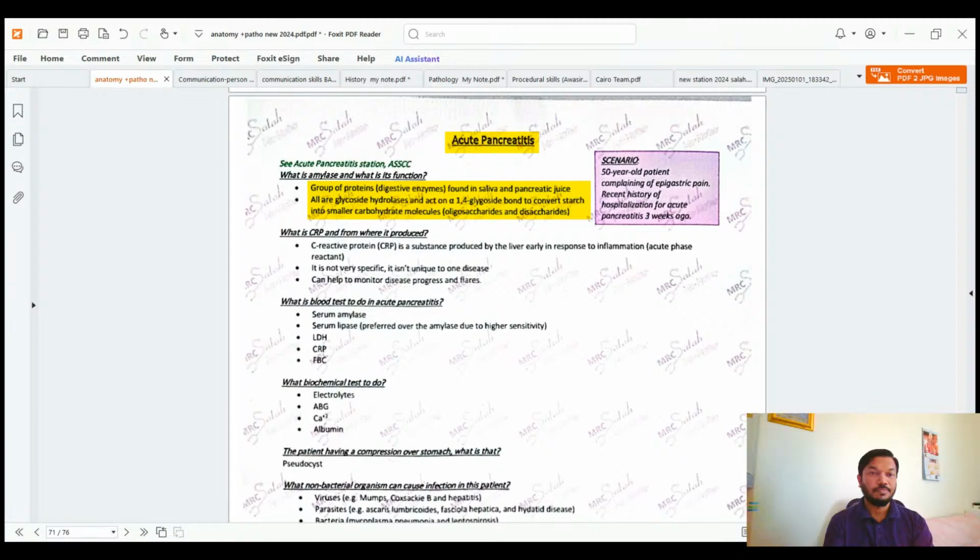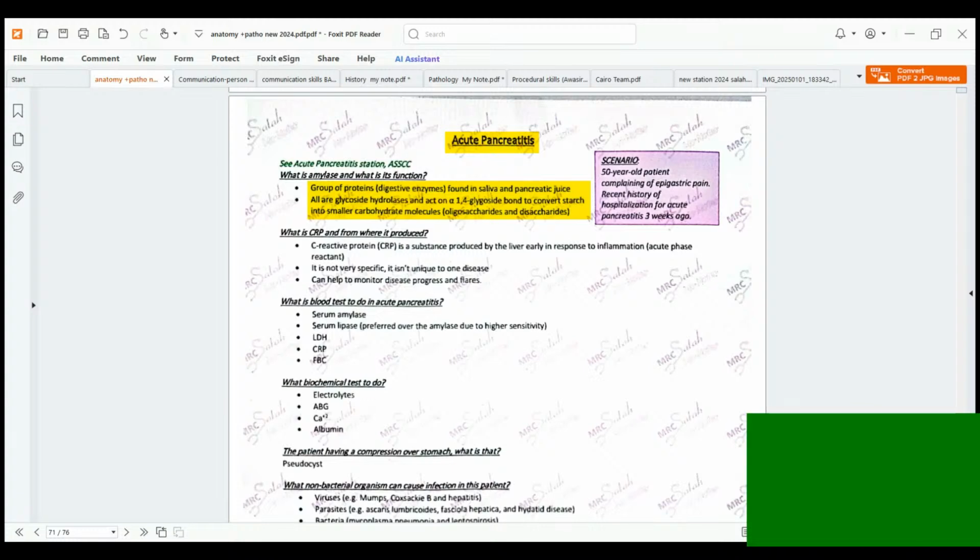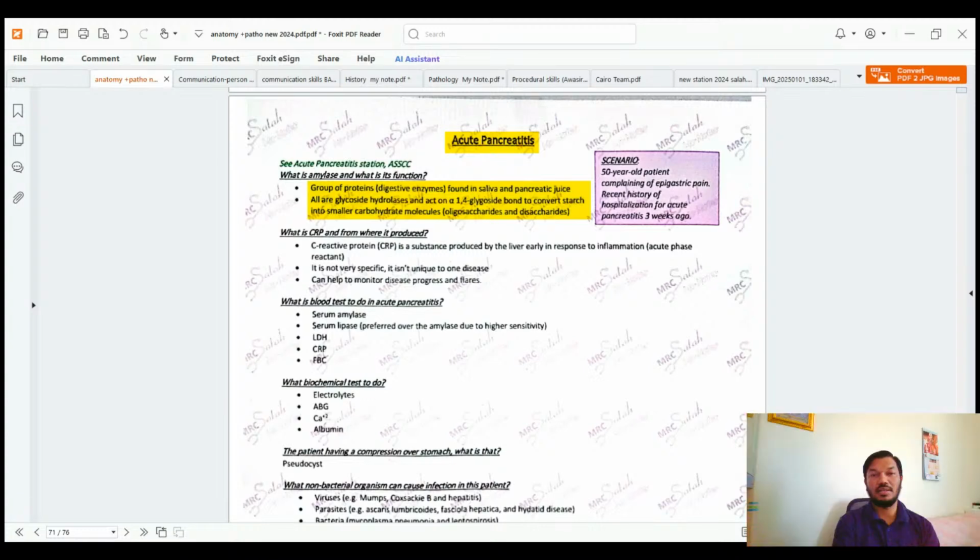They hydrolyze starch, converting starch into smaller carbohydrates, oligosaccharides and disaccharides.